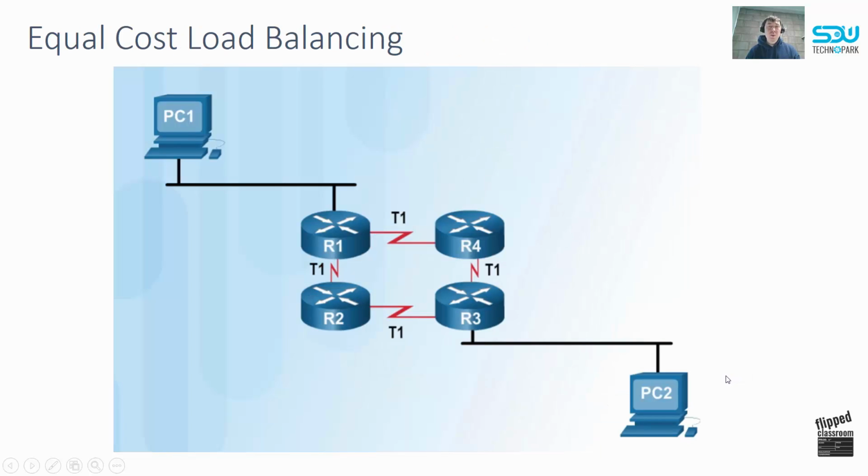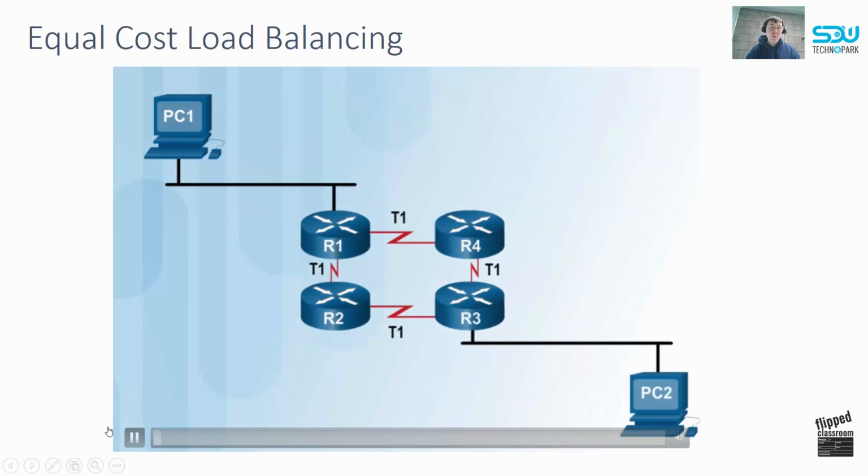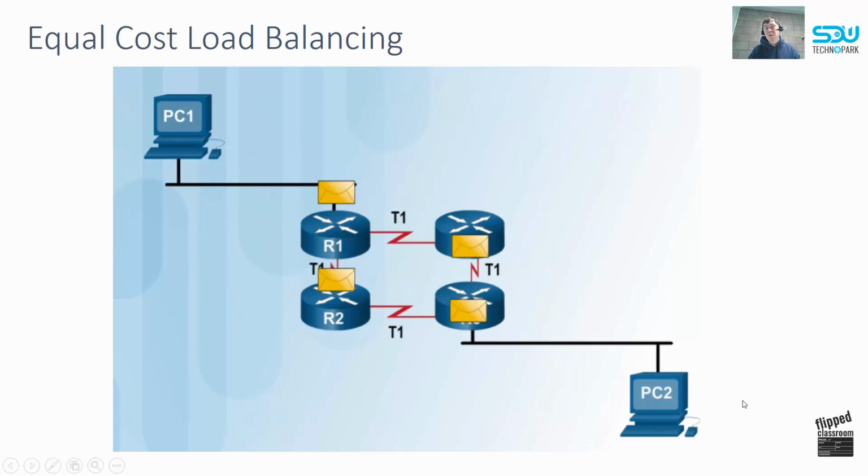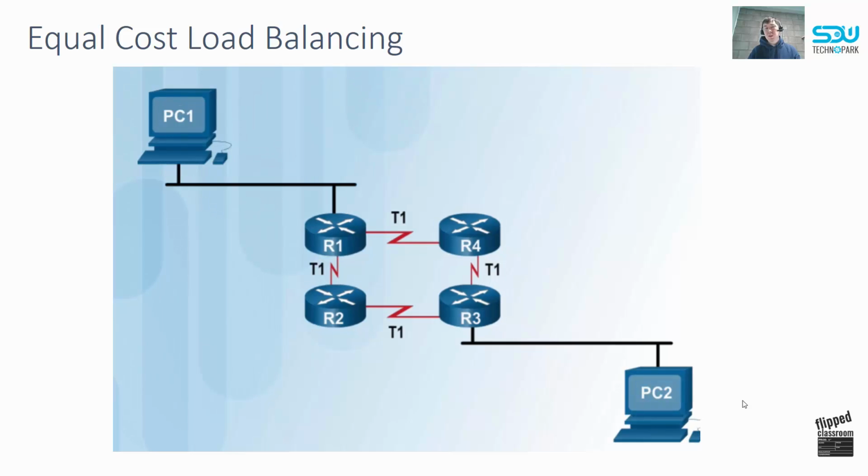Almost all of the routing protocols support equal cost load balancing. It means that if you have multiple paths with exactly the same cost, then routing protocols will direct the packets through the different paths with equal balance.